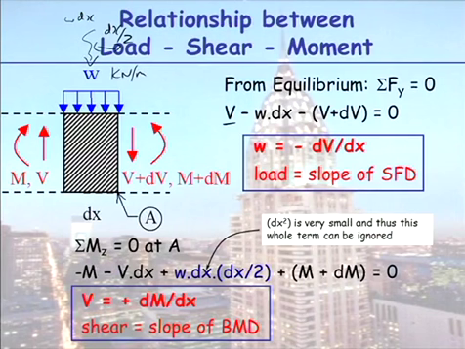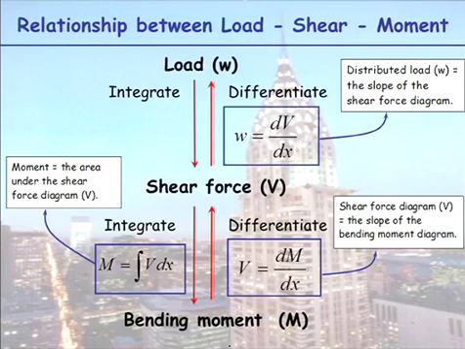So now we have a relationship between shear and moment. The shear is the slope of the bending moment diagram. So when we draw the shear force diagram, we're actually drawing the slope of the bending moment diagram. So knowing what the slope is, we can draw our bending moment diagram. So we have this wonderful relationship between load, shear and bending.